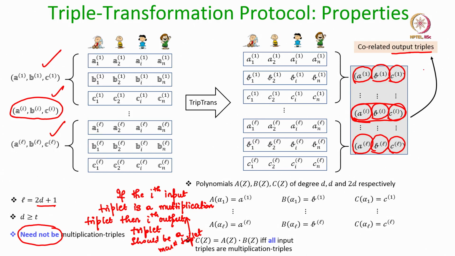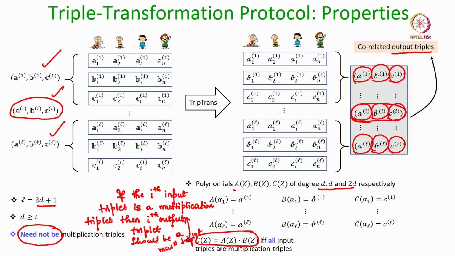And as a result of that, since the degrees of A, B and C polynomials are d, d and 2d respectively, it will be automatically guaranteed that the C polynomial is the product of the A polynomial and B polynomial, because the A component of all the output triplets, B components of all the output triplets and C components of all the output triplets, they are distinct points on the A, B and C polynomials respectively. So, that is a very powerful correlationship.